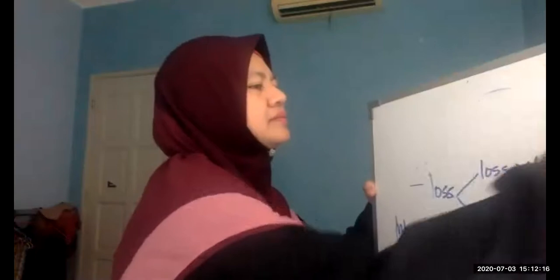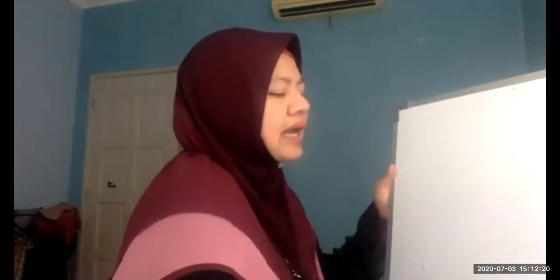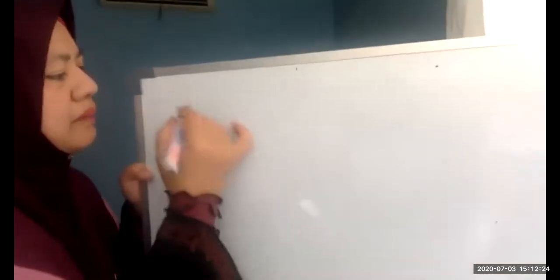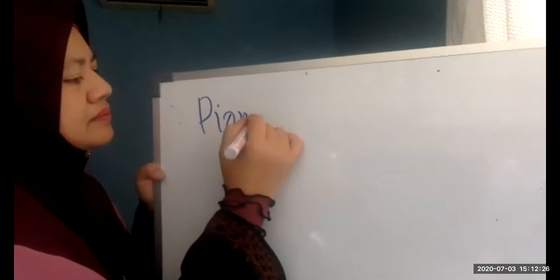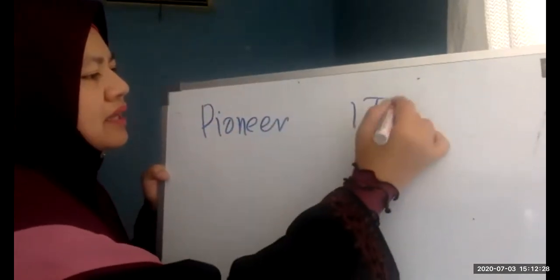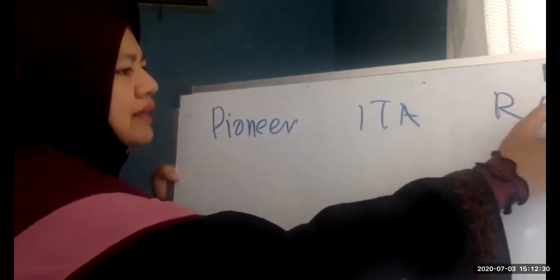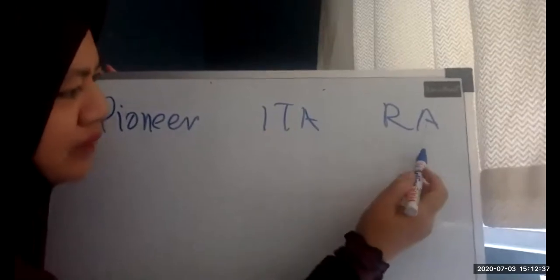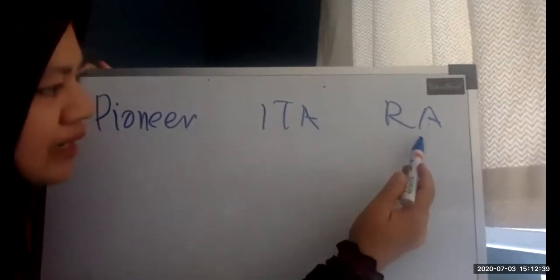Okay. Next topic is tax incentive. Under tax incentive, actually there are three main topics. You have the pioneer, you have the ITA, and then you have the RA. Okay, I did not cover RA, but I told you that you have to refer to the textbook for RA.